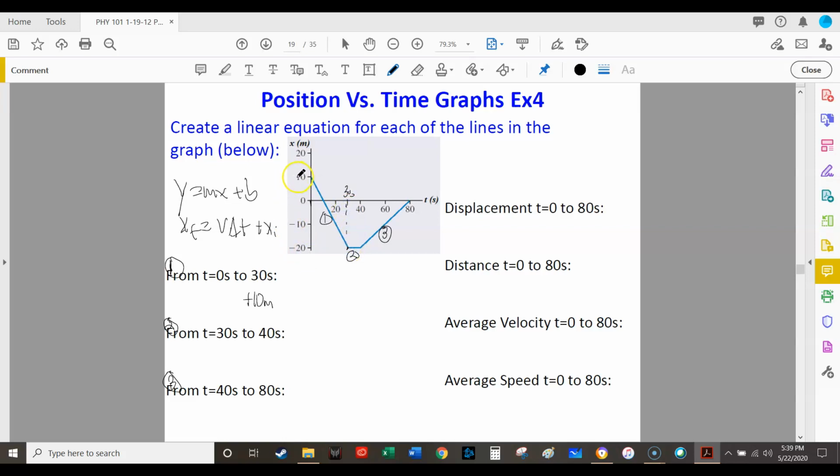So it starts off here at 10, it ends at negative 20. So the end position is negative 20 minus positive 10.